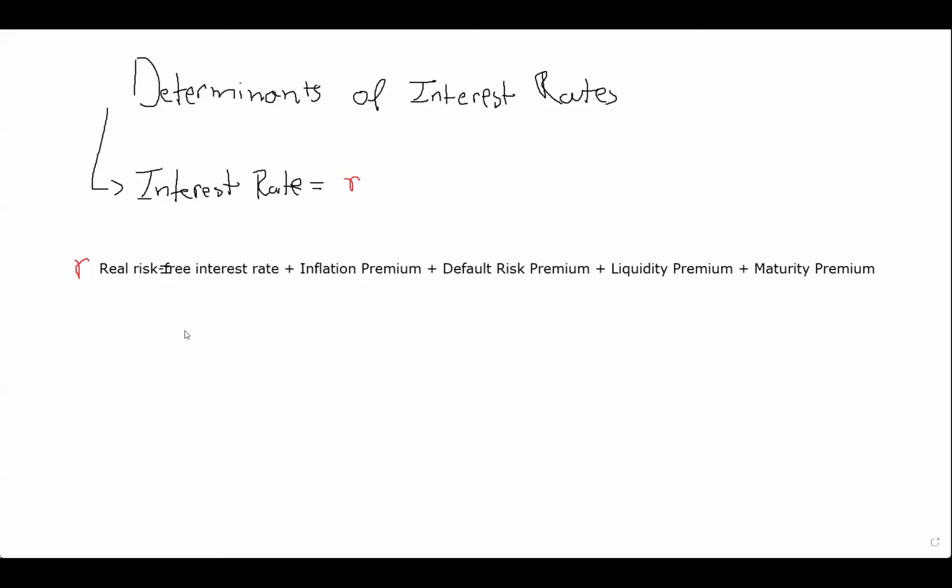The real risk-free interest rate is the single-period interest rate for a completely risk-free security if no inflation were expected. So basically a utopia. We need to count this as well. Suppose you're getting a loan for 1 day in Australia, you won't get an inflation premium because there's no inflation in 1 day.